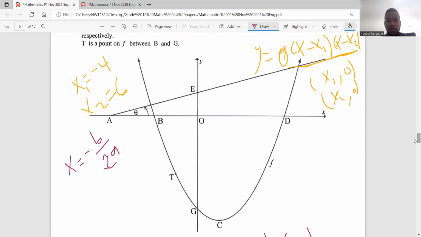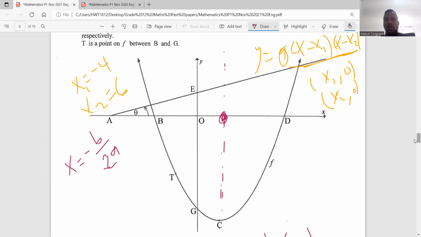Remember, this line is a symmetrical line. When they say symmetrical line, it splits this graph into two parts. So the turning point's x value is the midpoint of the x-intercepts.